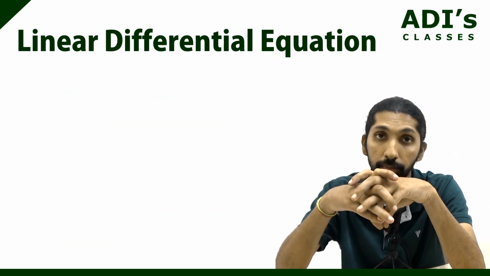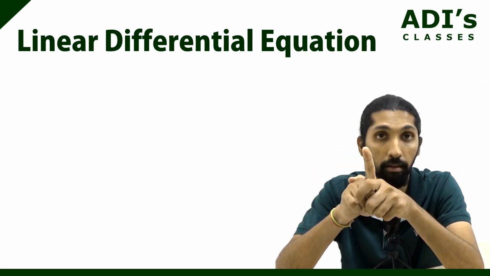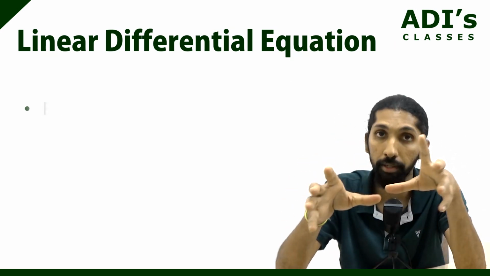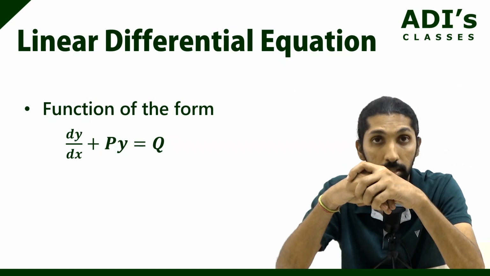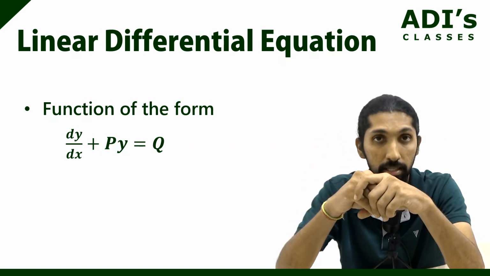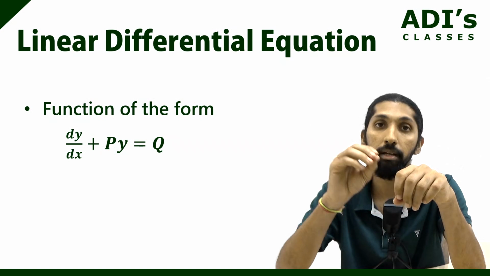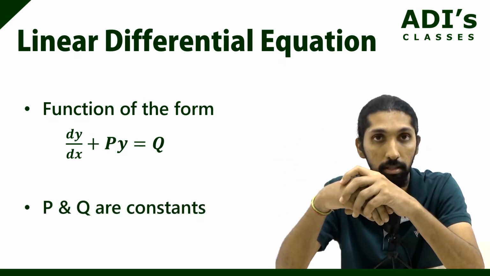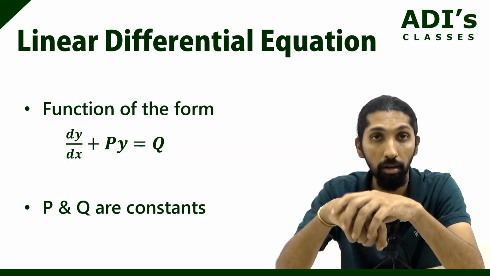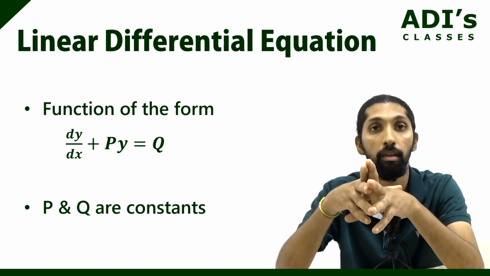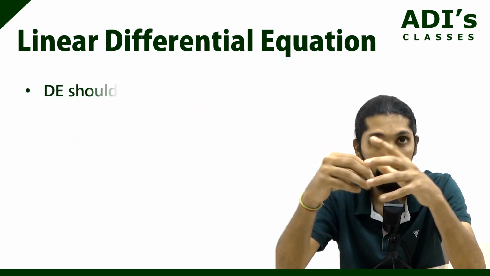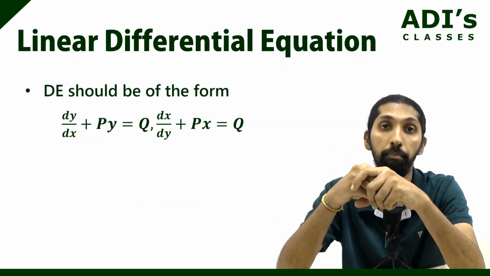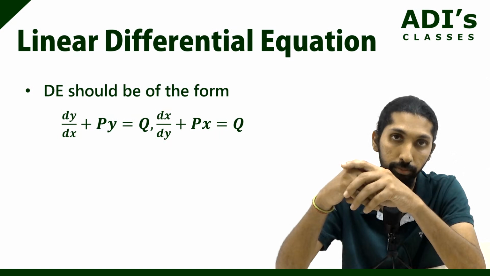See, in the linear differential equation, the first thing is we have to have it in a particular form. That is, it should be dy by dx plus p into y is equal to q, where p and q are constants, or dx by dy plus p into x is equal to q.